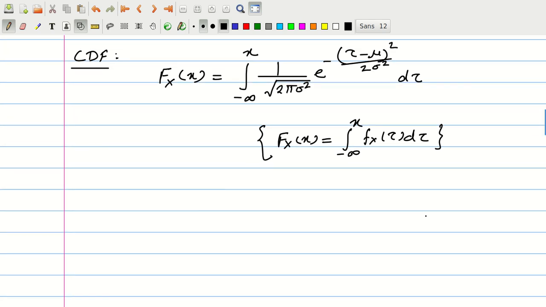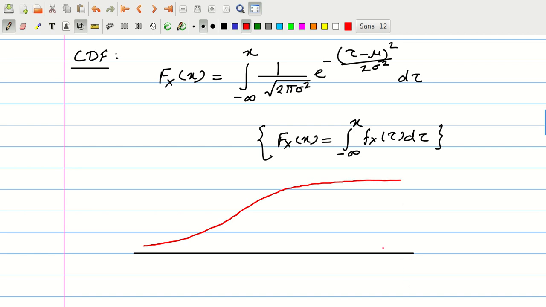This CDF, when sketched, looks something like this. This is x, this is say the 0 line, the point mu.